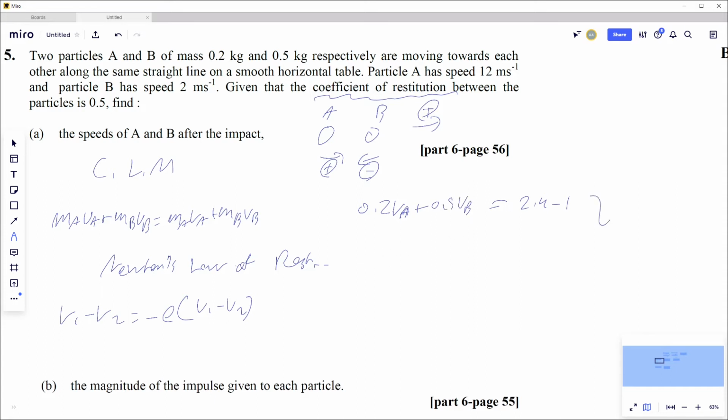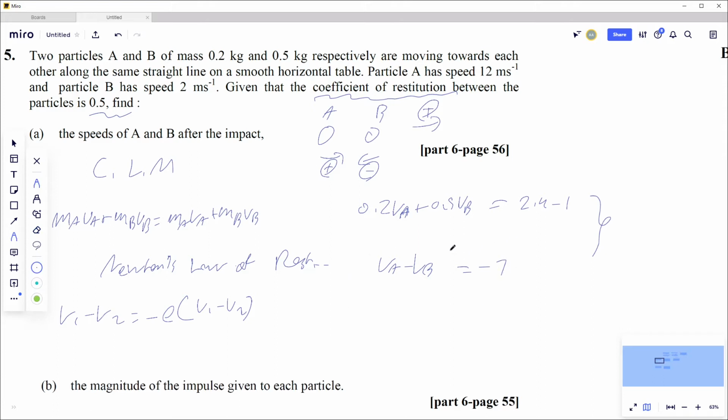You'll know why I said it's annoying, because the other one's going to align and mismatch. va minus vb, because we don't know their values, equals, I picked 1 to be a, 2 to be b, I will remain consistent, minus e, which is 0.5 as given, and u1 is 12 positive, minus, there's a minus here and a minus from the other speed, so it's going to be positive, plus 2, so 12 plus 2 is 14, times 0.5, that will be 7, so minus 7.